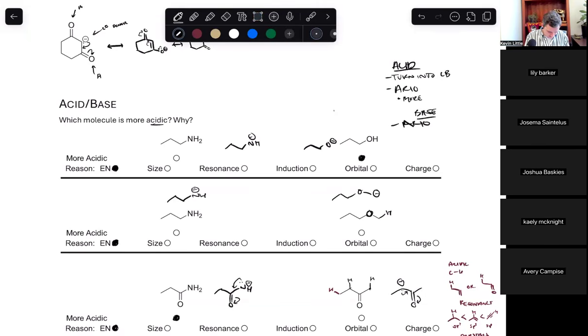More stable, more stable conjugate base, more acidic. More stable conjugate base equals less basic.